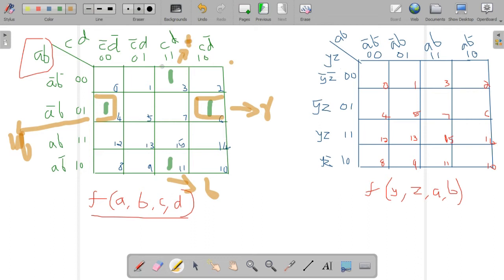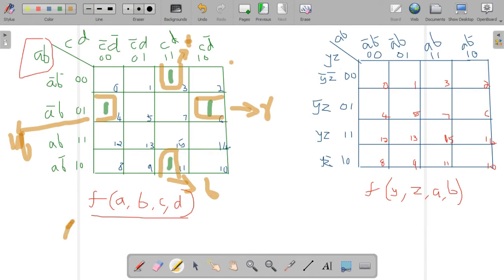Another one: this is the top and this is the bottom, so again we can roll like that. So we got two pairs under rolling.